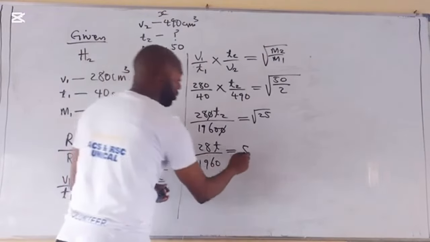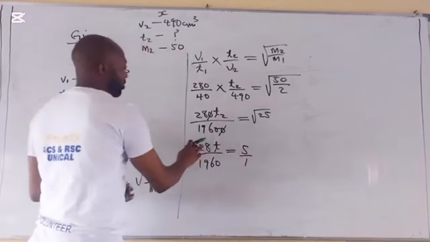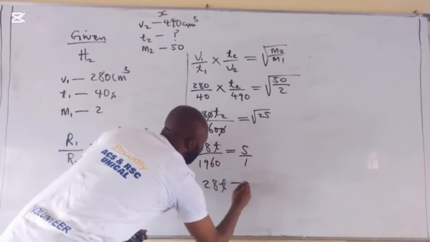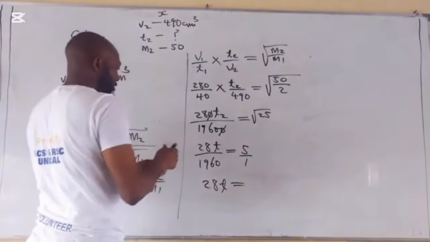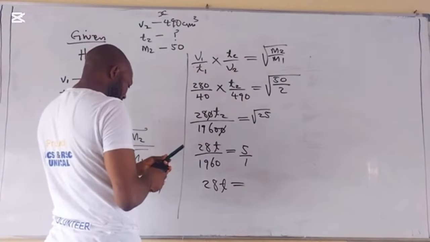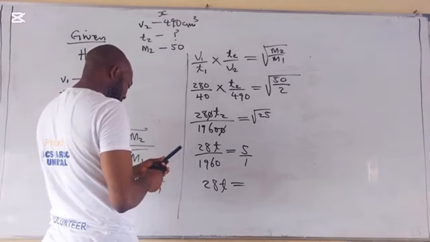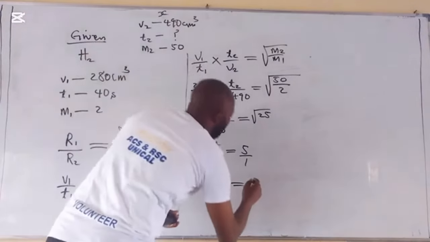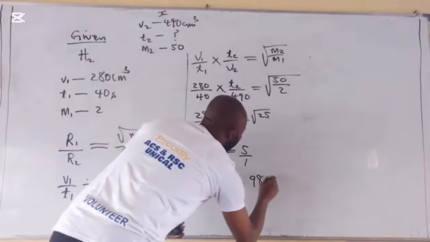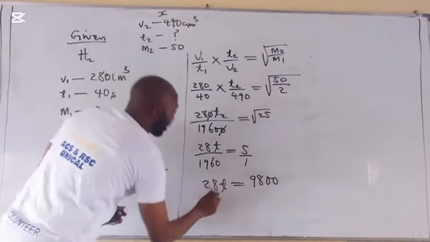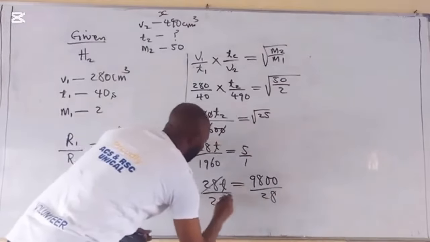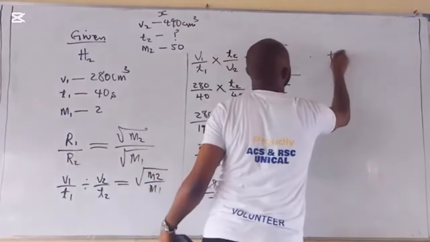So I'm going to cross multiply. 28 T times 1 is 28 T. This is 1960 times 5. 1960 times 5 is 9,800. Now divide both sides by 28. This will give me my T2.